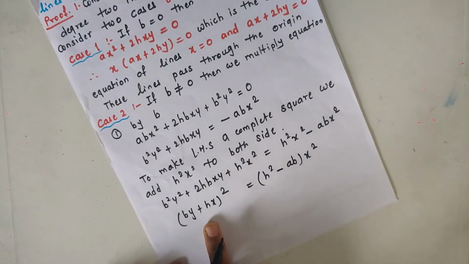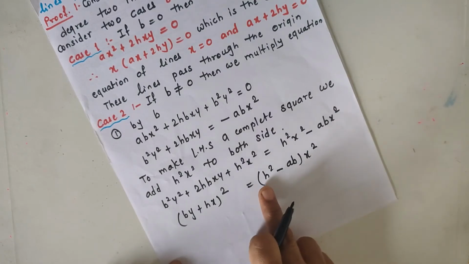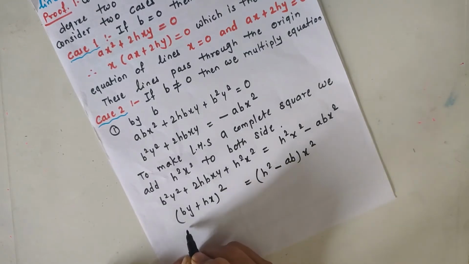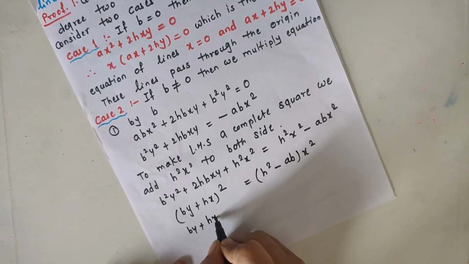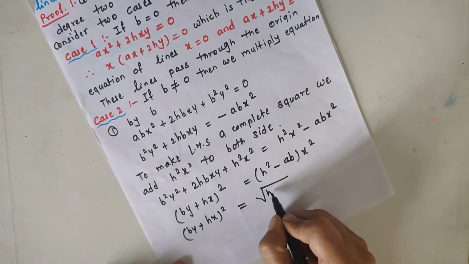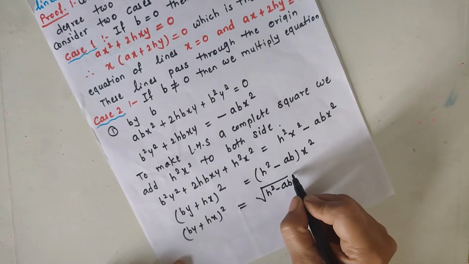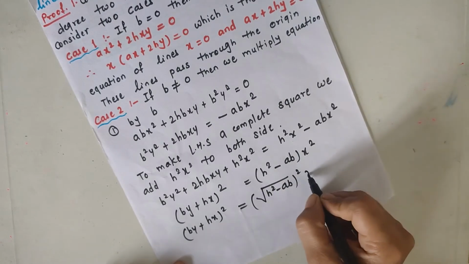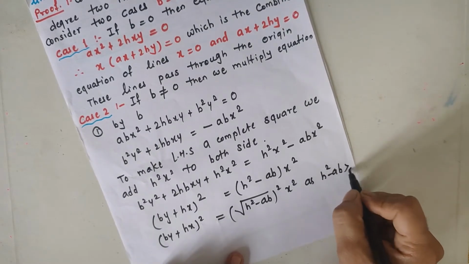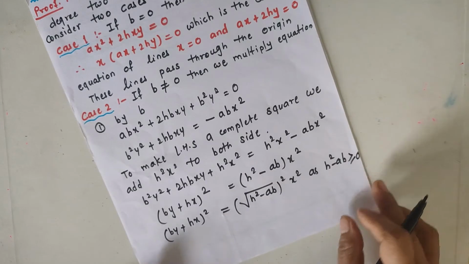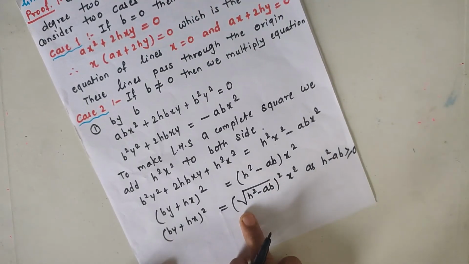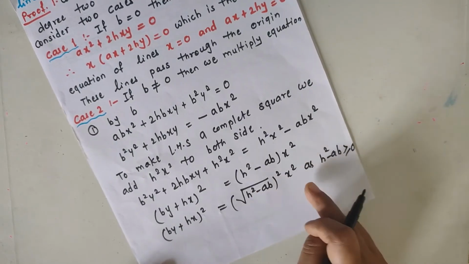Now this is a square term, this is also a square term, so taking this term as a square, we get (by plus hx) bracket square is equal to (under root of h square minus ab) bracket square into x square, as h square minus ab is greater than or equal to 0.